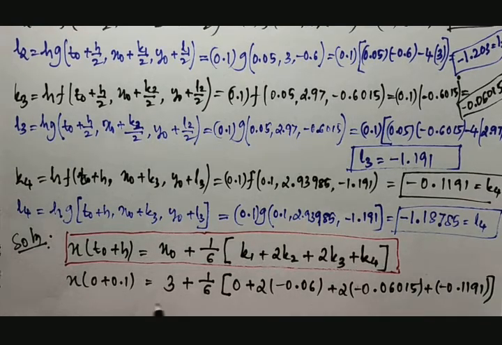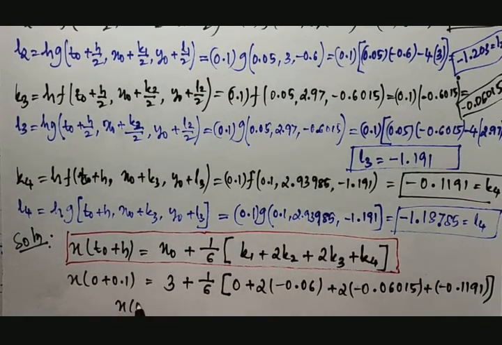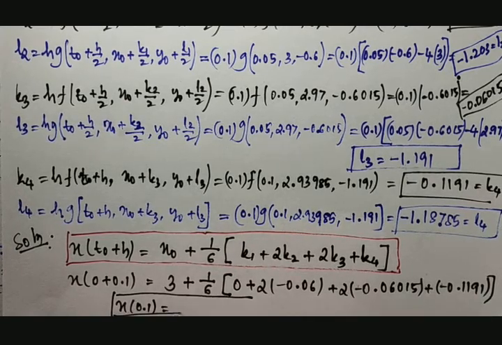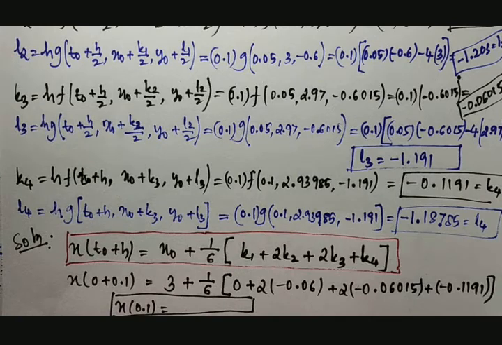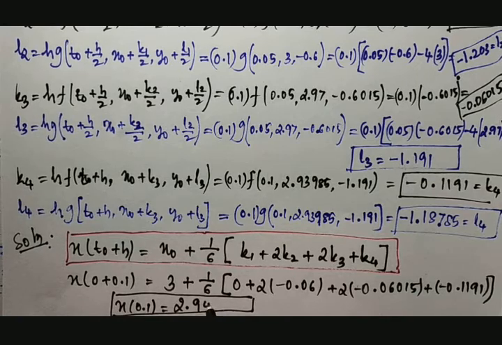Okay, therefore x of 0.1 is equal to, let us see how much it is now. X of 0.1 is equal to 2.9401.